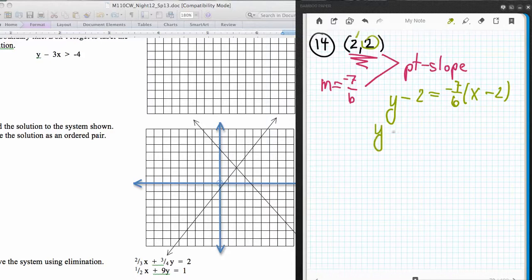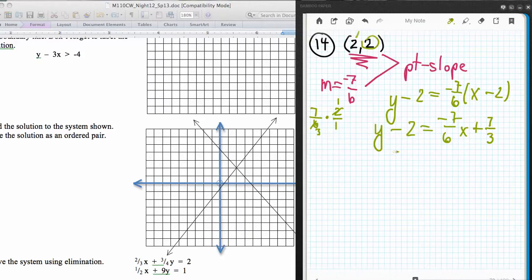So we have y minus 2 is equal to -7/6x, and then negative times a negative makes a positive, and 7/6 times 2, I'm not going to leave that just by multiplying it. I'm going to make sure I simplify it. You should always simplify when you multiply fractions, and these will cancel, and so I'm going to get 7/3. Now here's the little bit of trickery. I have to move this 2 over to this side, so I have to move 2 over here by adding 2.